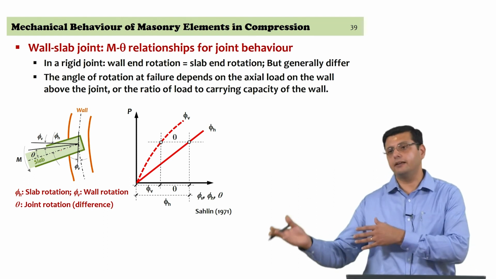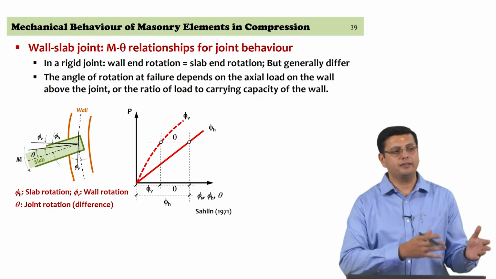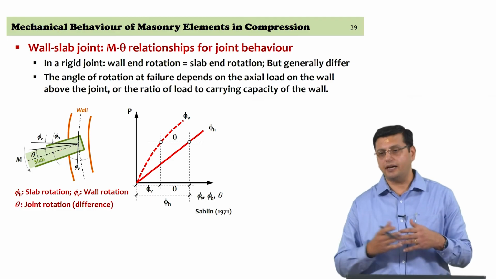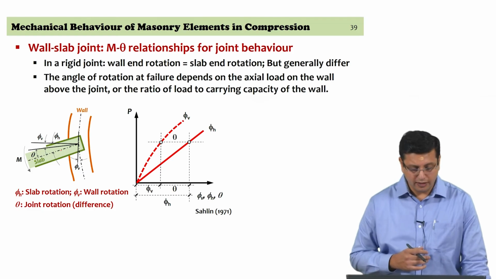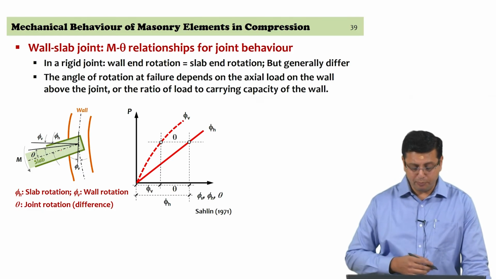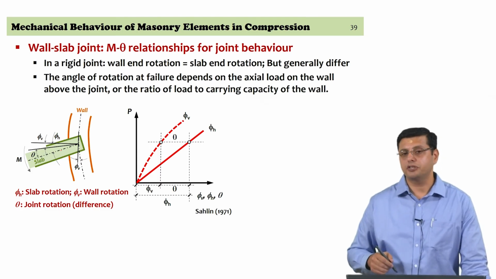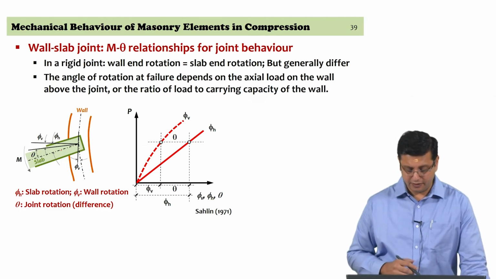I am assuming that the reinforced concrete material continues to behave in a linear elastic manner, whereas the wall has inelasticity coming in, and so the rotations are non-linear, and that is a fairly good assumption. So, in this graph you can see, with increasing P on the y axis, the different rotations: the rotation of the wall, the rotation of the slab, and the difference theta.